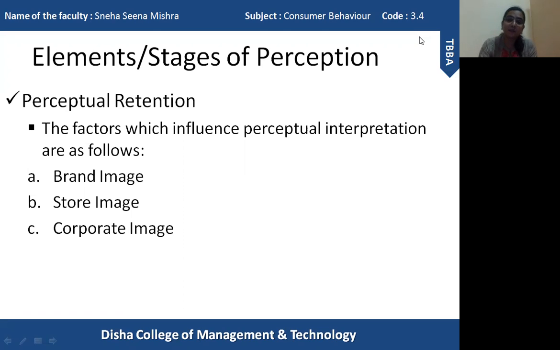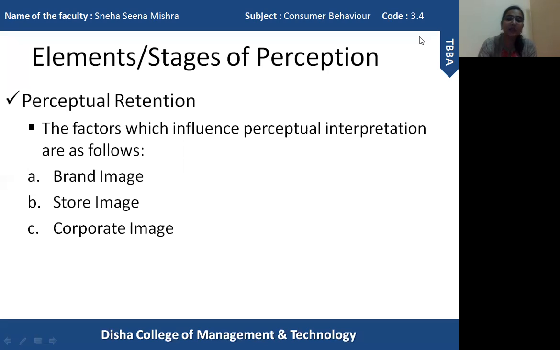Now when this company is again going to launch different types of smartphones at a reasonable price in the market, people have already remembered the company, people know the company, they have a certain image of the company in their mind. That is called retention. So this will encourage the consumers to purchase the product belonging to that company again and again.